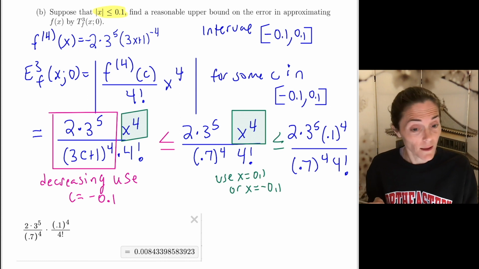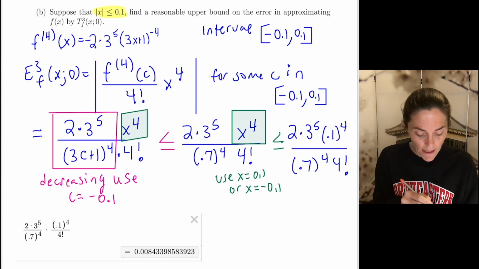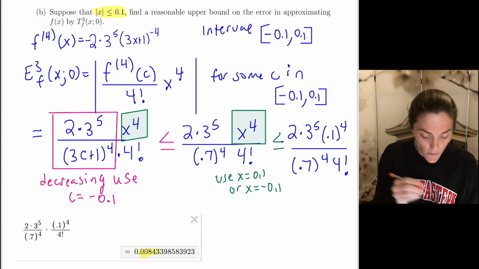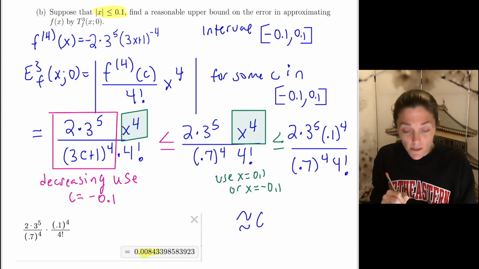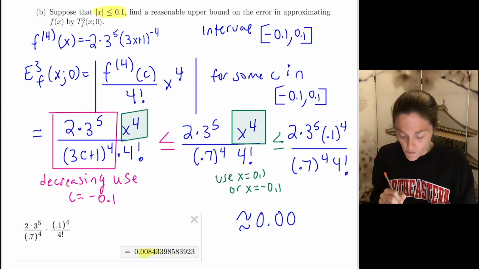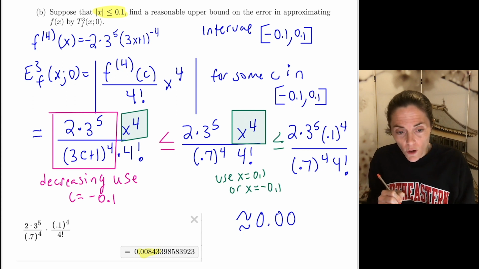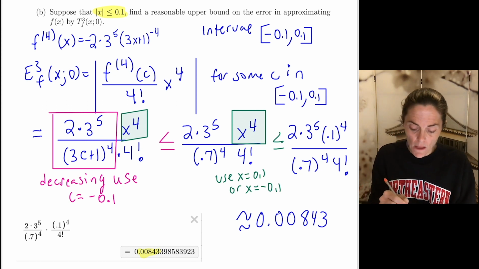So you can check, this is entered in correctly. And here we have 2 leading zeros, and then maybe I will round to 3 decimal places past that. This would be approximately 0.00843. This would be my answer here.